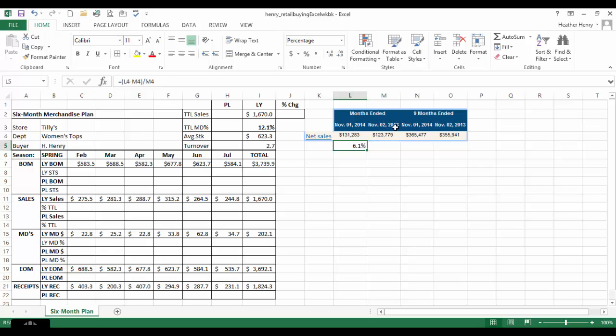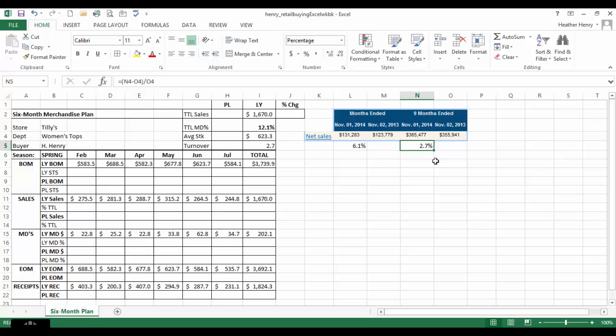Next, I need to do the same thing for my year-to-date sales information. And it looks like for the year-to-date we have a sales increase of about 2.7%. Now, the 2.7% is a little bit more realistic because we have been looking at this for almost a full year, where the 6.1% is simply 1 quarter.